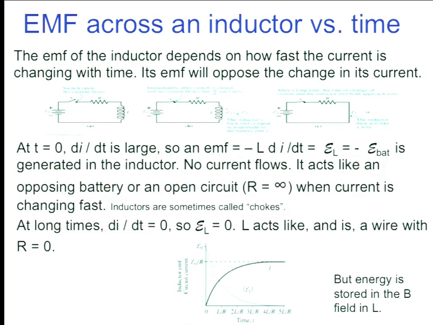But when you try to turn it off, it's as though you're adding a delta I in the other direction. And this thing says, no way. I don't want delta I. I'm going to do my right-hand rule. I want to maintain the current. So I'm going to generate a voltage this way to continue the current and fight the change.